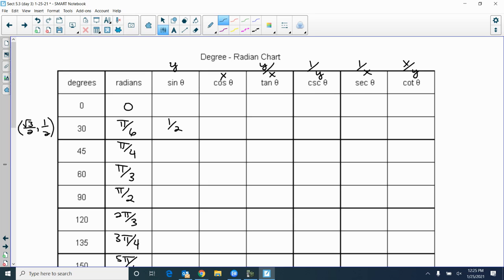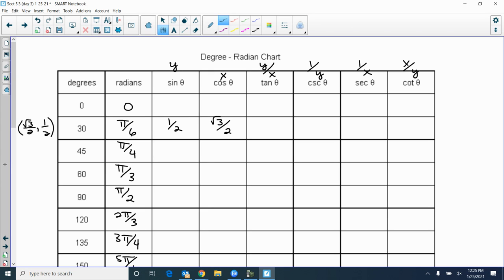What's the cosine of 30 degrees? It is the x coordinate, which is radical 3/2. Now, some of these are going to take a little bit of work, because until you get a little bit used to them, you're not going to be able to do it in your head. So if you just need to scratch some things on the bottom or on the back, that's fine.